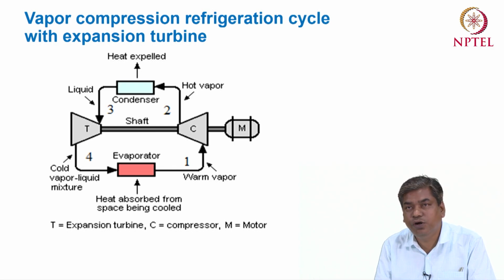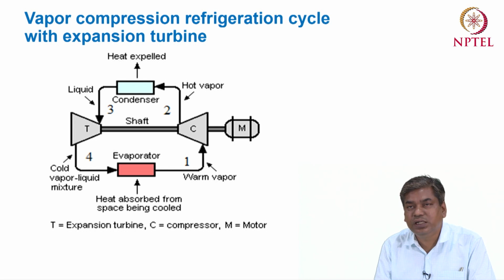So the 1 to 2 process is the compression process, the 2 to 3 process is the isobaric heat rejection process, and 3 to 4 has been changed. This is now the expansion process in the expansion turbine, which will produce some work, and that work can be used in the compressor.